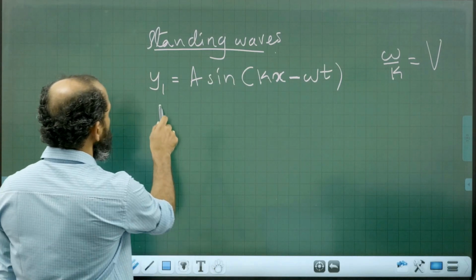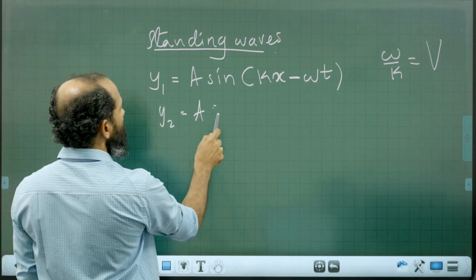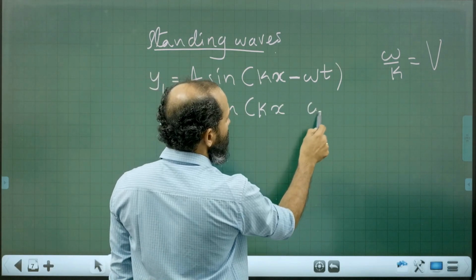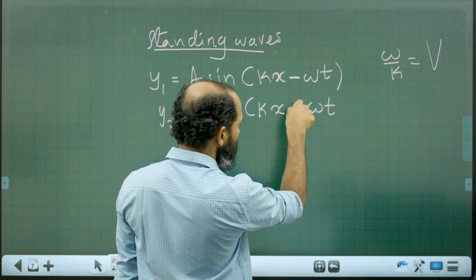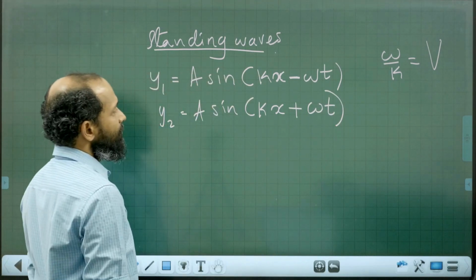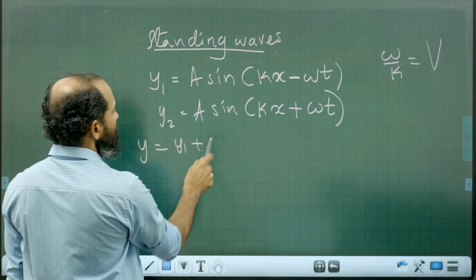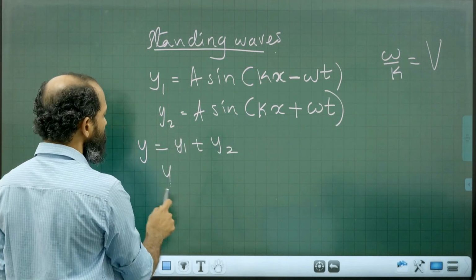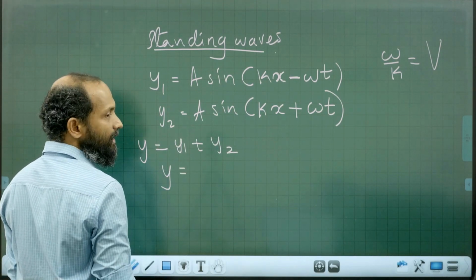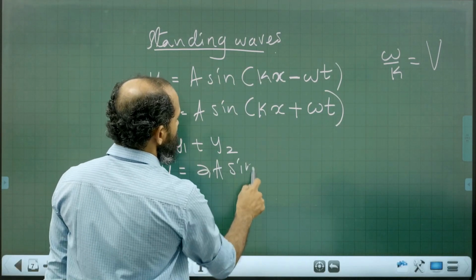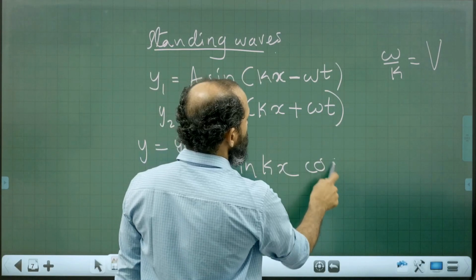You have another traveling wave y2 having the same amplitude, same angular wave number, same angular frequency, but traveling in the opposite direction. When these two are added together using the superposition principle and suitable trigonometric identities, you get 2a sine kx cos omega t.